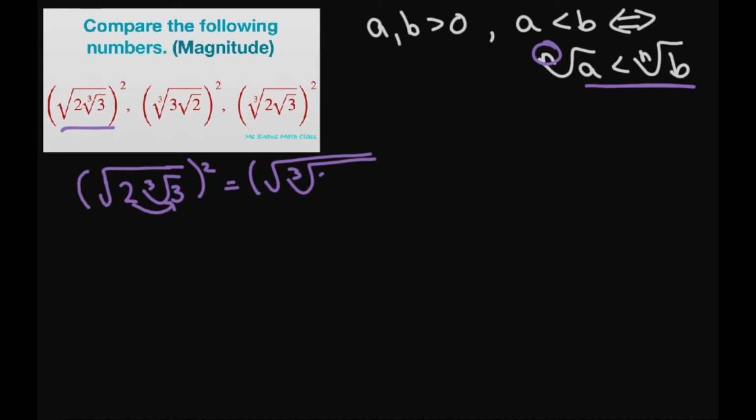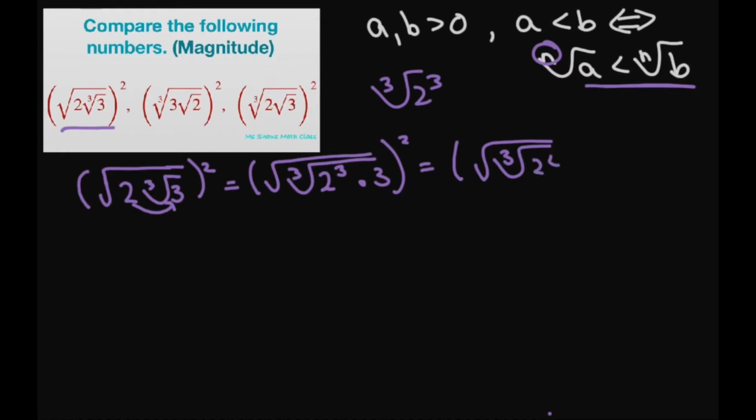If I pull the 2 in here, I have to make it 2 cubed, because the cube root of 2 cubed gets you back to 2. Then we still have times 3, all squared. So this ends up being the square root of the cube root of 24 squared.